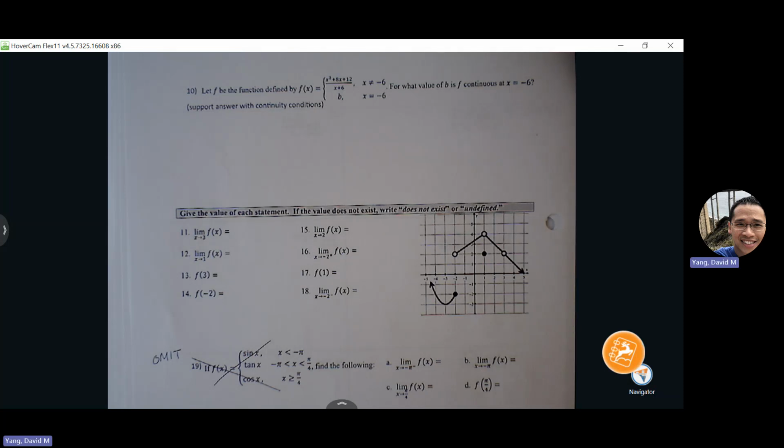And then the 1.5. 9 through 23. Okay. Yeah, that's right.